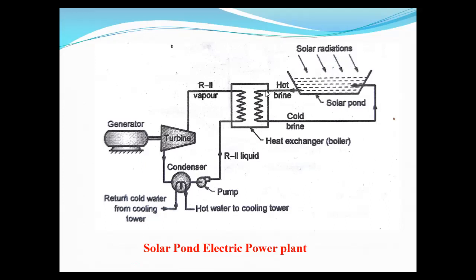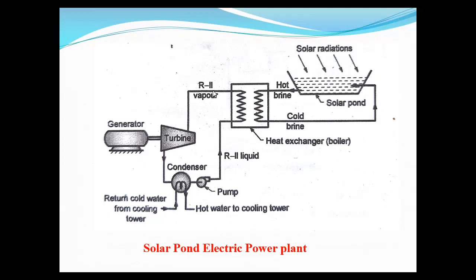This heated water is passed into this heat exchanger, and that hot brine water exchanges heat to the refrigerant 11, and vapor of refrigerant 11 is formed, and the hot brine becomes cold by rejecting heat and flows to the solar pond by the thermosiphon principle.